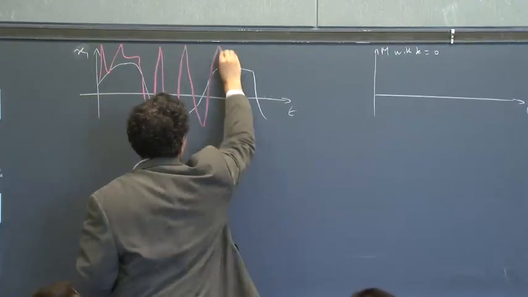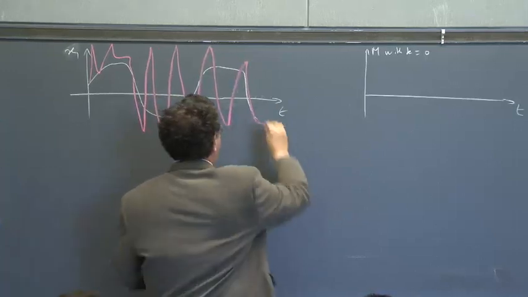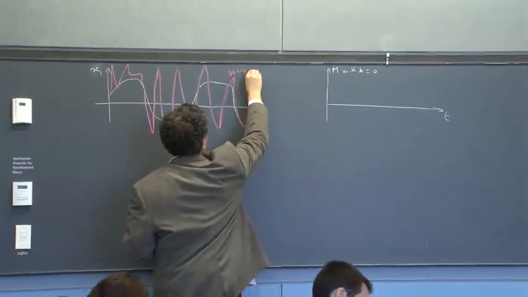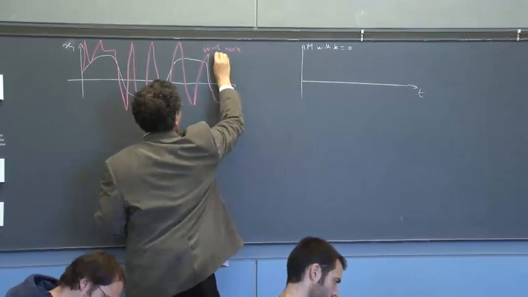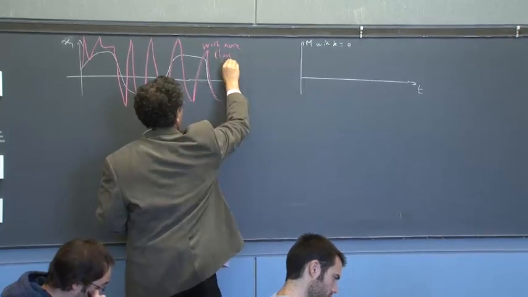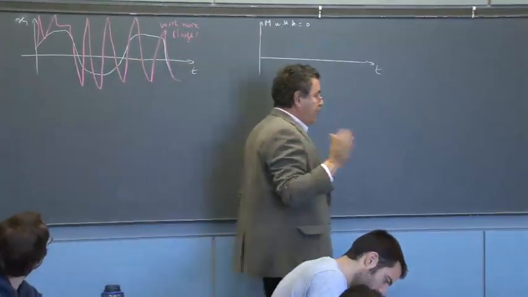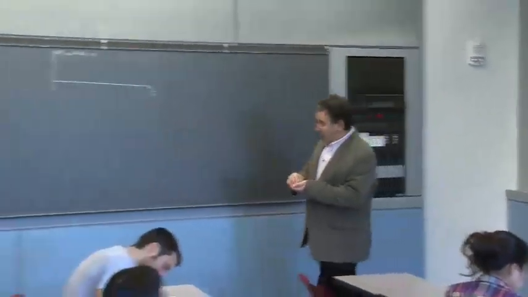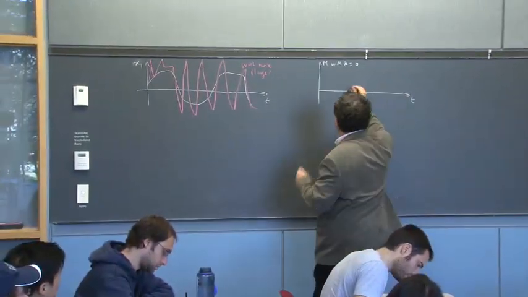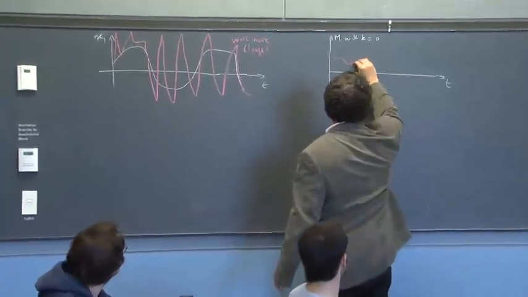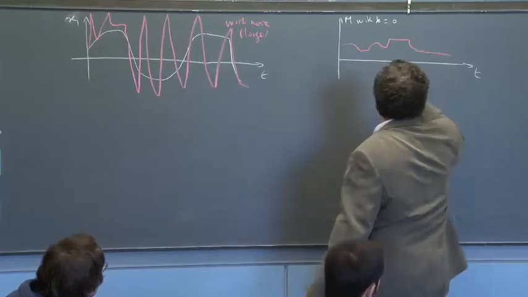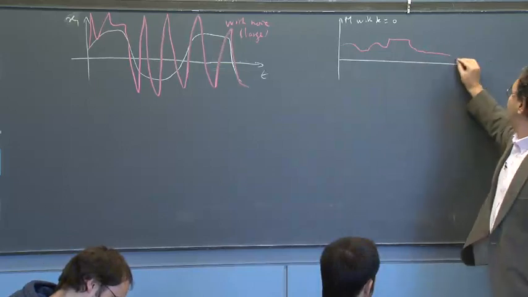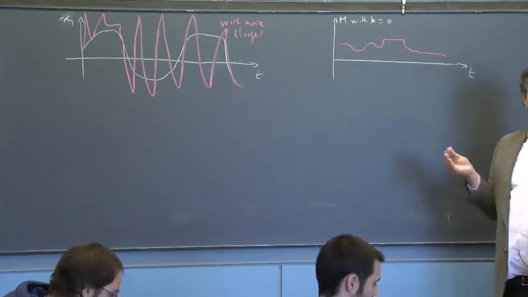It's not going to look at all like the original one, with large noise, and each of them is going to have a lot of noise. However, if you plot the mean, it's going to look reasonably clean.